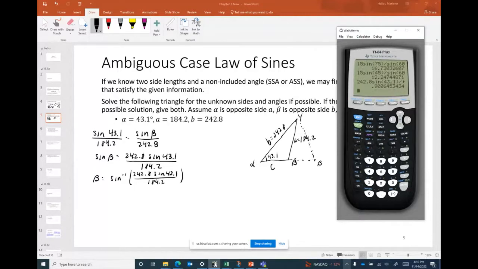So it looks like beta, am I in radians? Did I somehow get mode switched to radians? No, that's degrees. Oh, that doesn't look right to me. Let's see what I did wrong here. Did I do my cross products wrong?